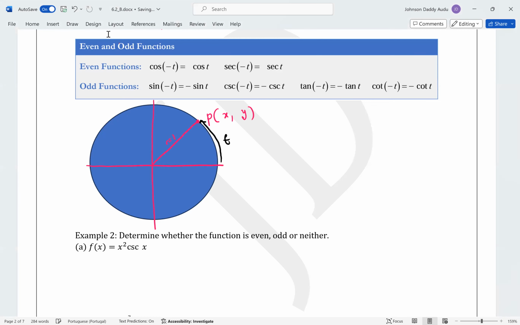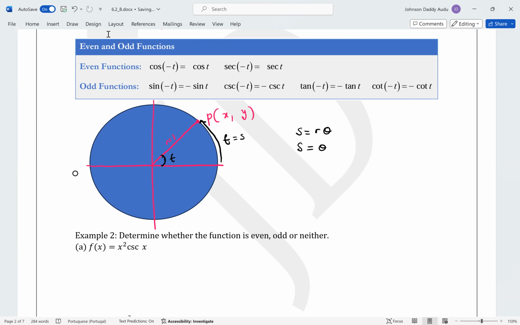Already we say that this is also t, because the length of an arc is S = r theta, but r is 1, so S = theta, and S = t, so this becomes our angle.